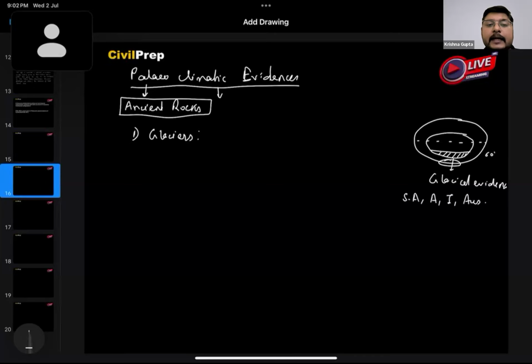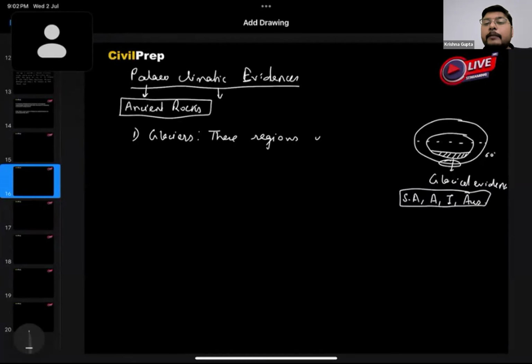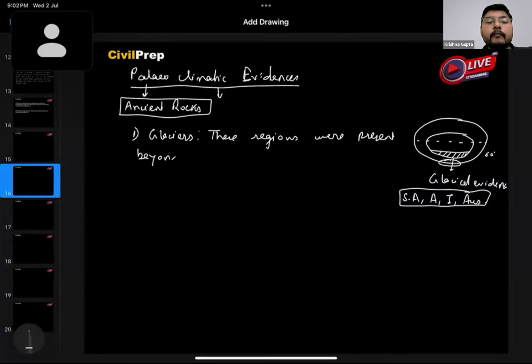These regions which I am talking about were present beyond 60 degrees south latitude and had evidences of glacial tills or other features.